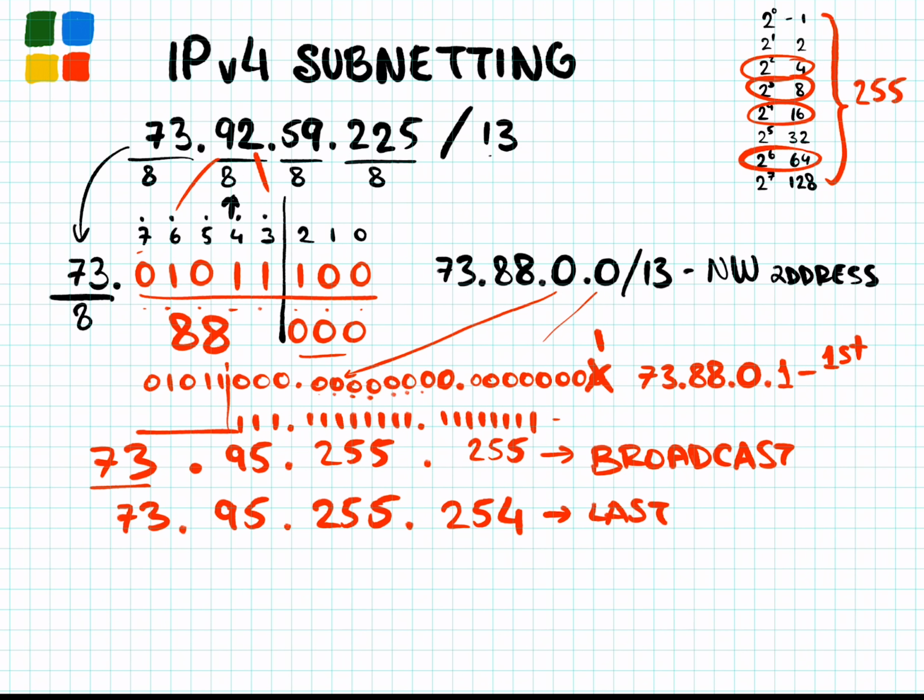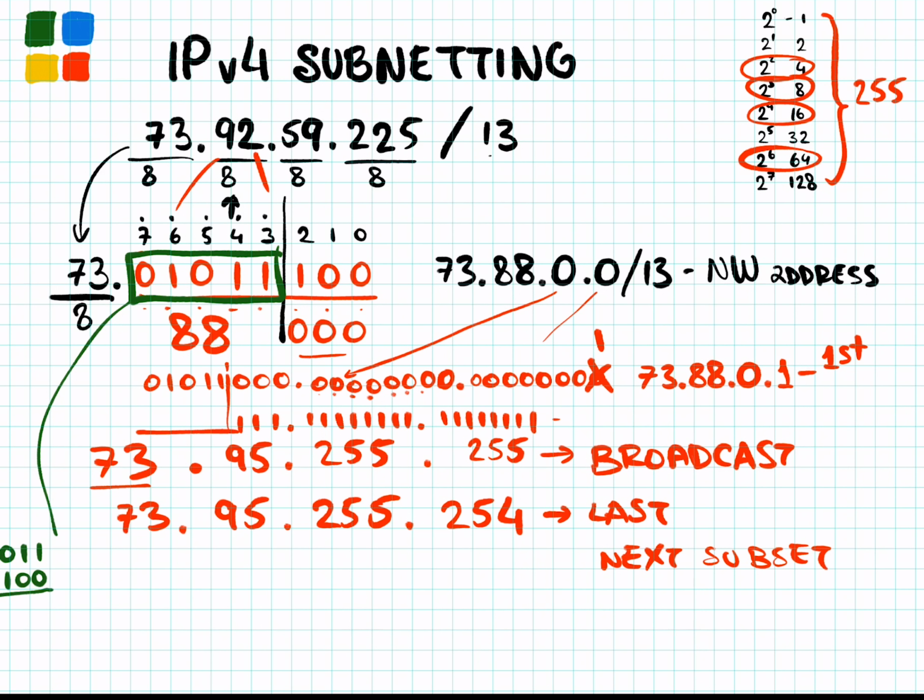Finally, if we want to tell what would be the next subnet, remember how we had this portion as a subnet? We will take this number, 01011, and we would just show the next number. What would be the next number? The next number would be 01100. Now all we have to do is show this number as a decimal.